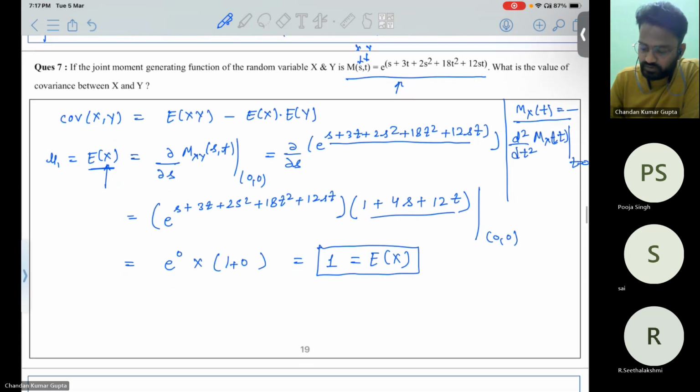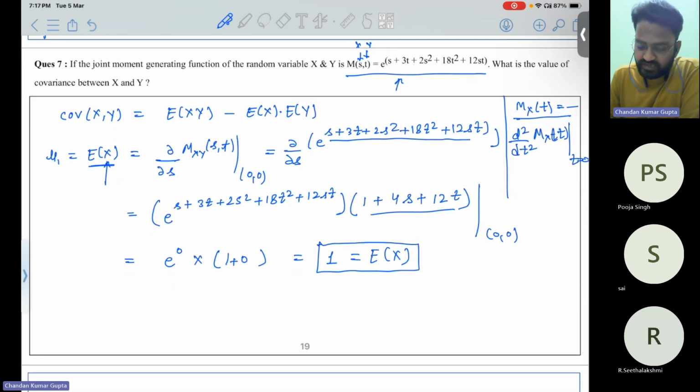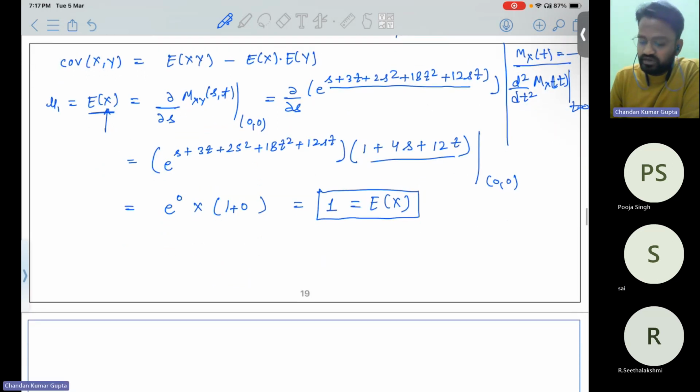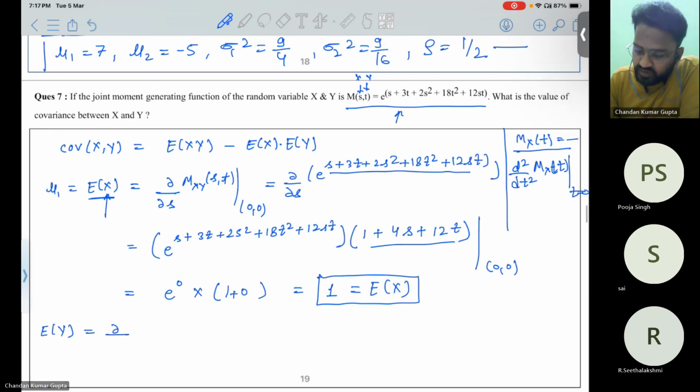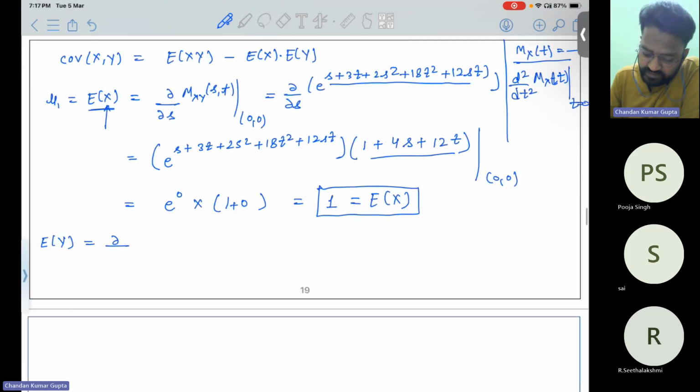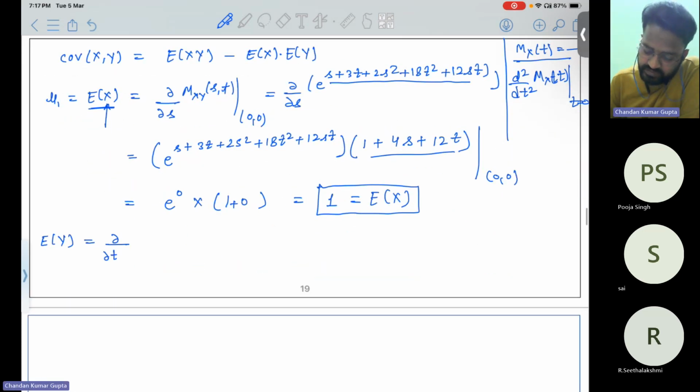In a similar manner, like we have calculated expected value of x, we also need to calculate expected value of y. And it is calculated as y is related to t. That means del by del t of M_XY(s,t). That means what?